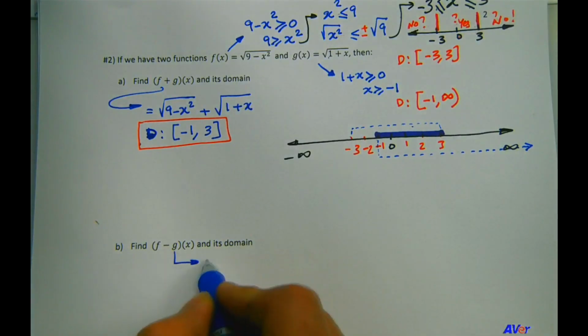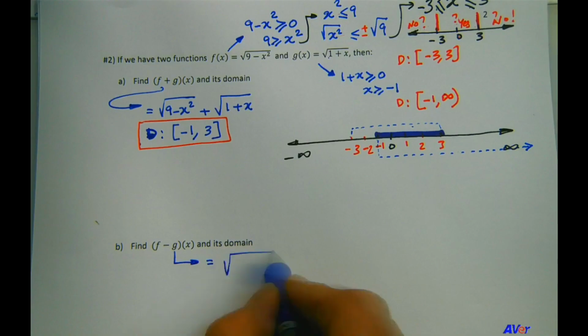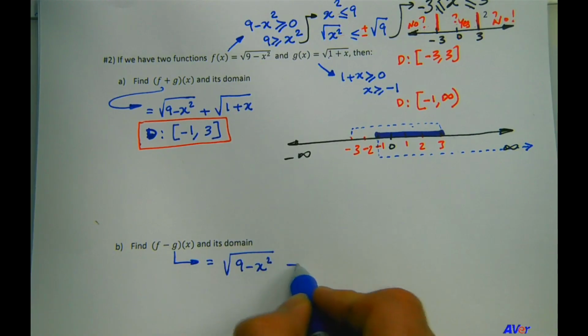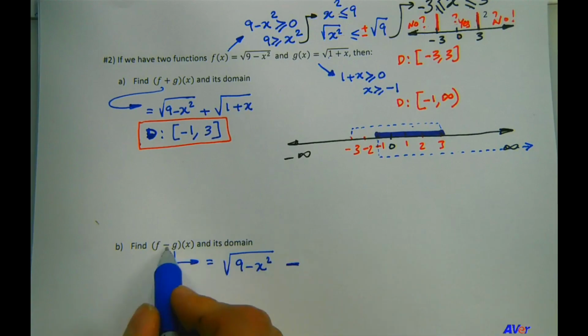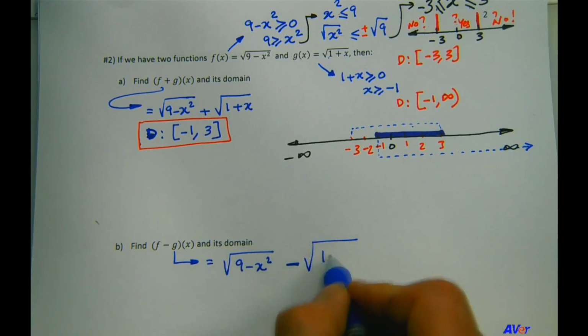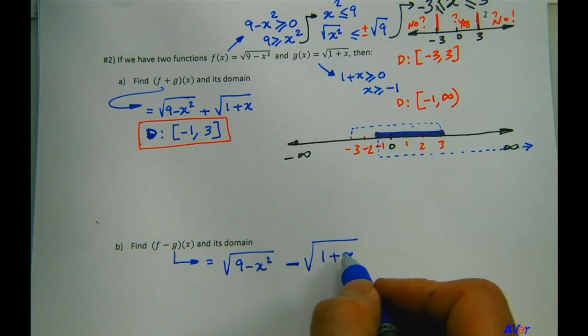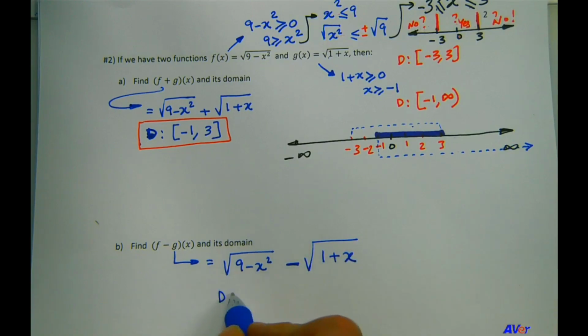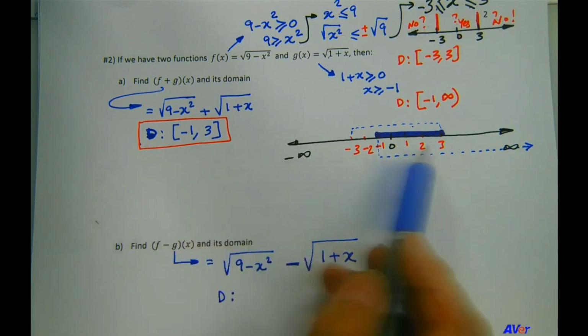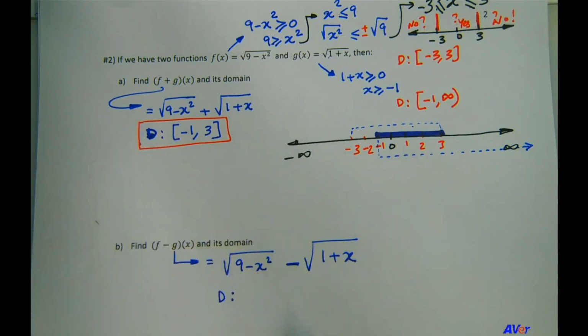So this is equal to square root of 9 minus x squared, minus this time, right, because of this minus, square root of 1 plus x. So the domain of this, given the same analysis that we did for part A, is equal to bracket -1, 3, bracket. Okay, like that.